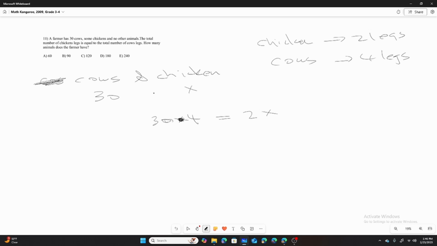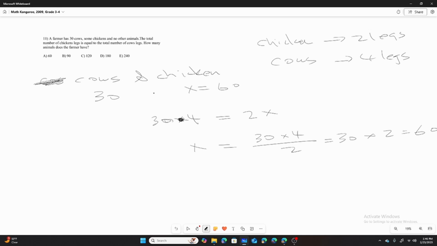Divide both sides by 2. And this is going to be 4 times 30 divided by 2, which is the same as 30 times 2, because you can divide 2 into 4. That's 60. So there's 60 chickens.